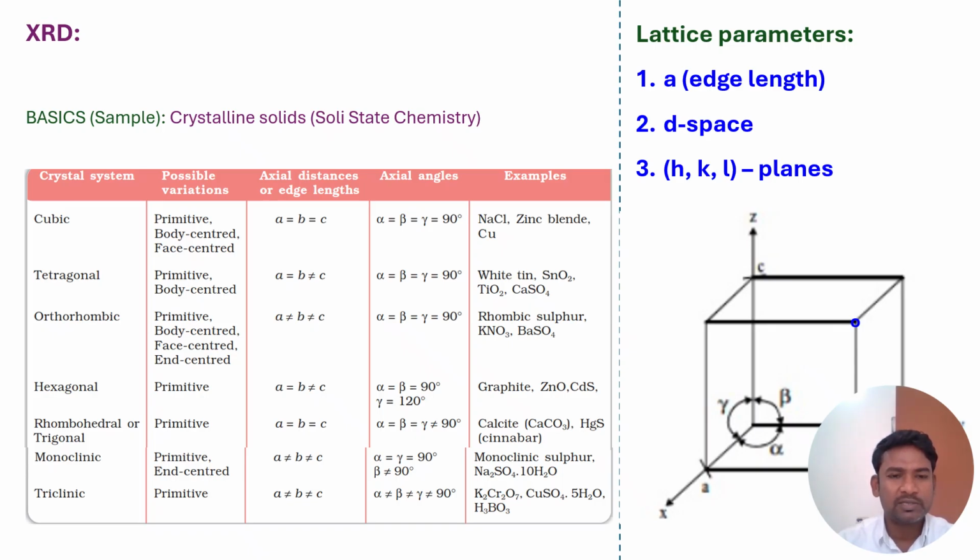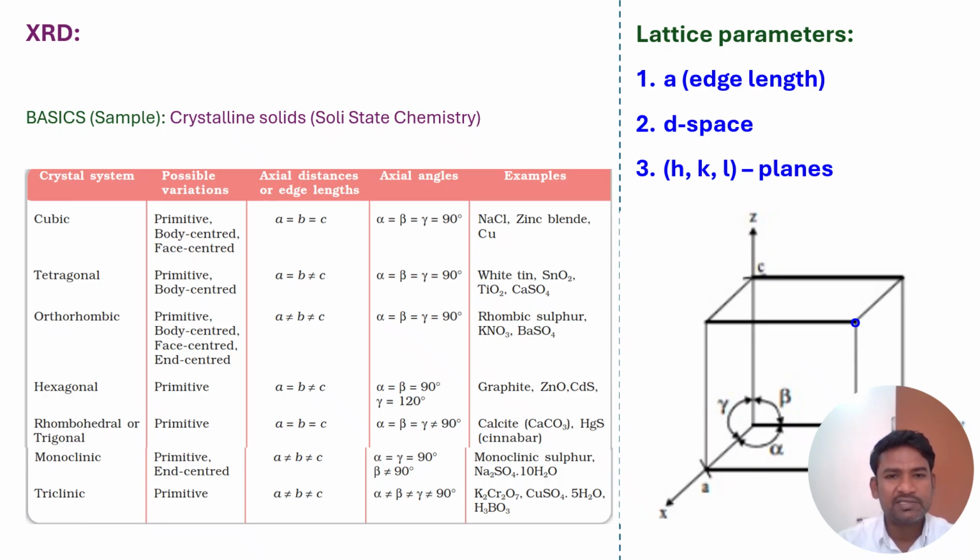The fourth one is hexagonal, which is primitive. The fifth one is rhombohedral or trigonal, which has primitive. The sixth one is monoclinic, which is primitive and end centered. And the seventh one is triclinic, which is primitive. So now these 7 crystal systems show the possible variations.